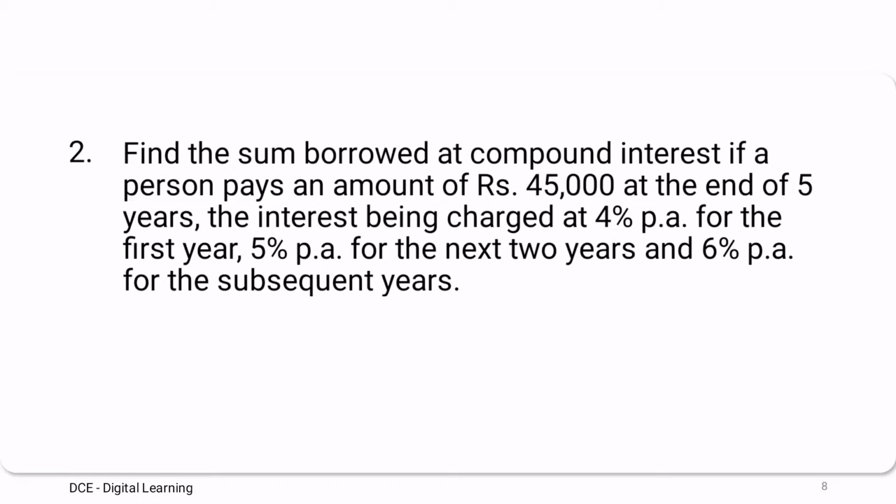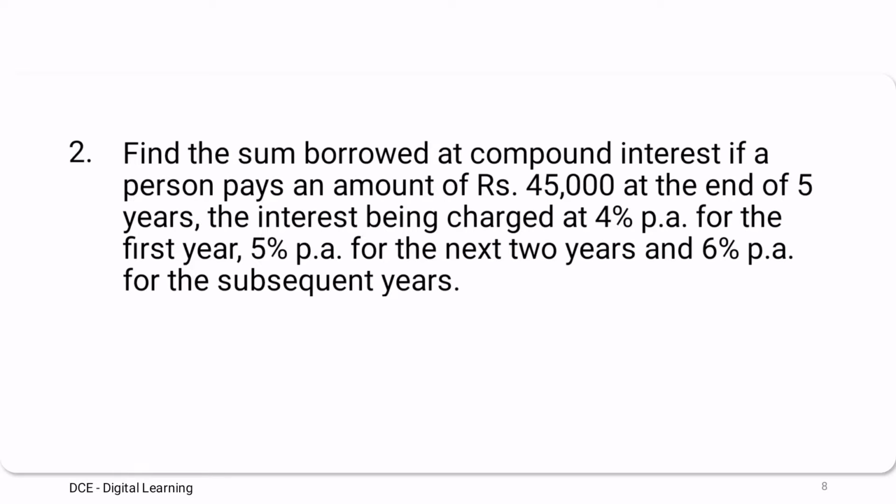Find the sum borrowed at compound interest if a person pays an amount of rupees 45,000. So 45,000 is the amount at the end of 5 years. The interest being charged at 4% for the first year, 5% for the next 2 years and 6% for the subsequent years. 5 years minus 1 minus 2, 3. Minus 1 minus 2 is 2 years. So subsequent years are 2 years.